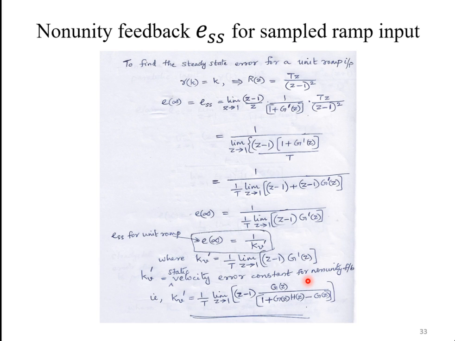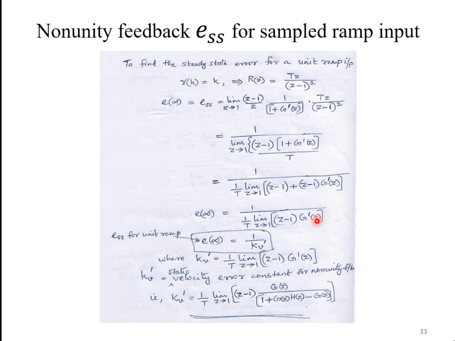Depending on that transfer function nature, this will have a constant or non-zero value. That is why E of infinity is given as 1 over kv dash, where kv dash is nothing but 1 over T limit z tends to 1 of z minus 1 times g dash z.